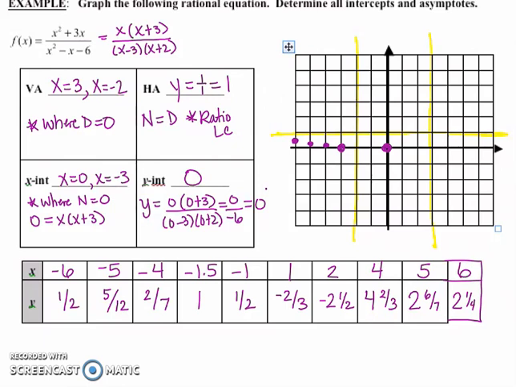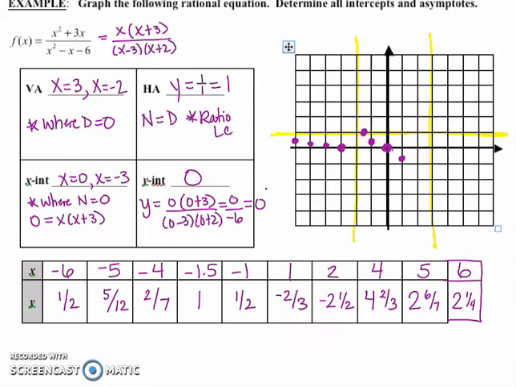Negative 1.5, I'm at 1. We'll talk about why it's on the asymptote in a second. At negative 1, I'm at 1/2. I already know where I'm at 0. 0, I'm at 0. 1, I'm at negative 2/3.